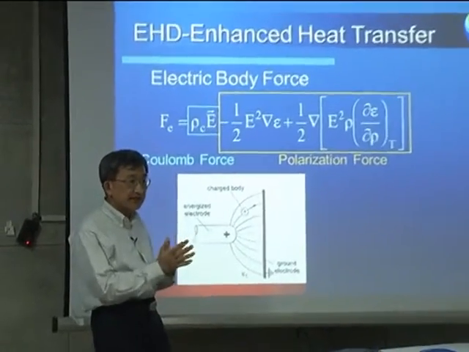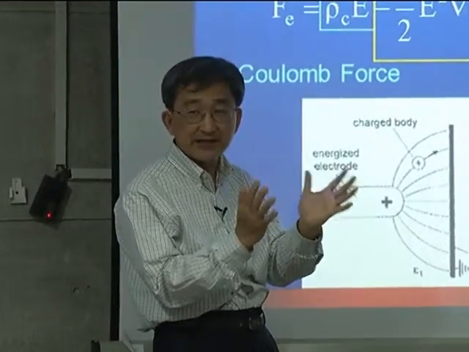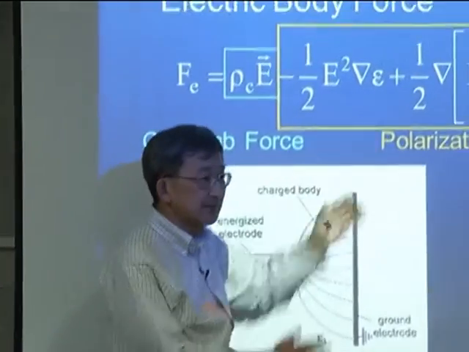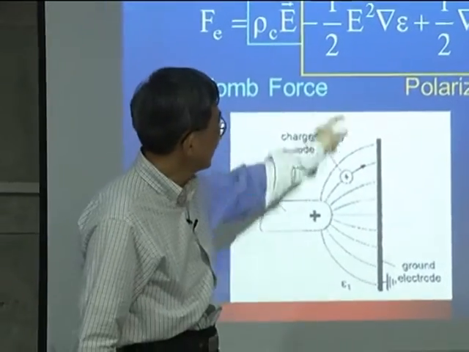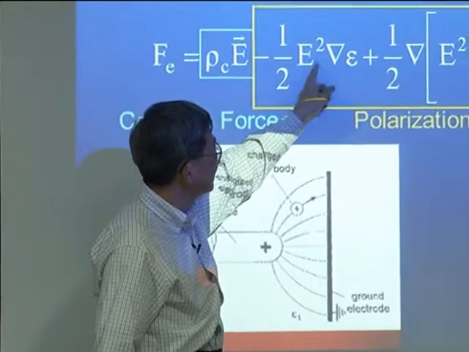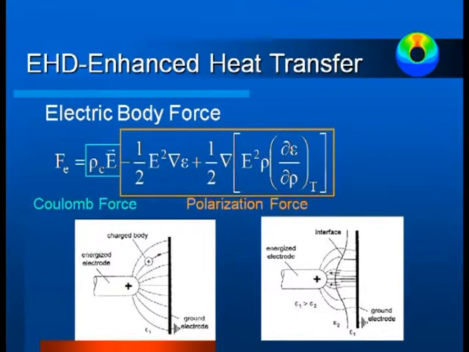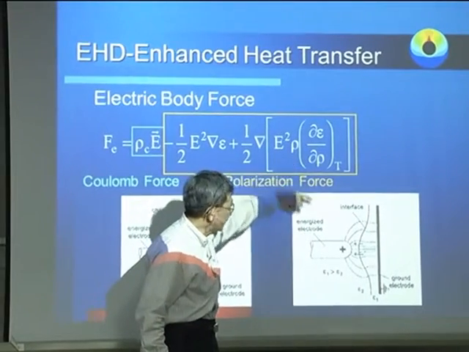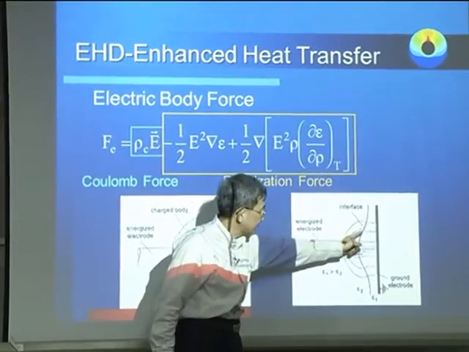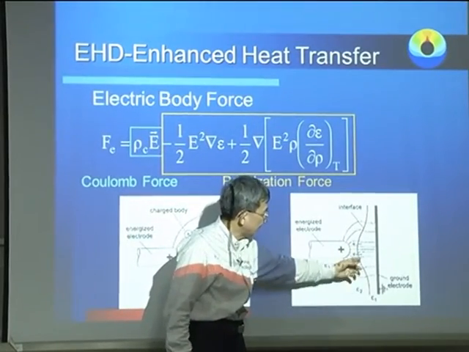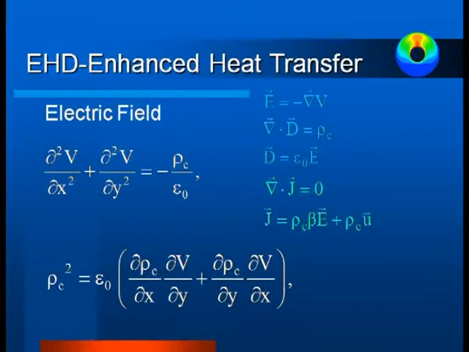If the 2 phases have different electrical permittivity and you have this electric gradient, then it creates this polarization force. And because of the density difference, it will also create the other force. So if you are 2-phase, then this force can change the interface shape. For my previous study, we only focused on the single phase.